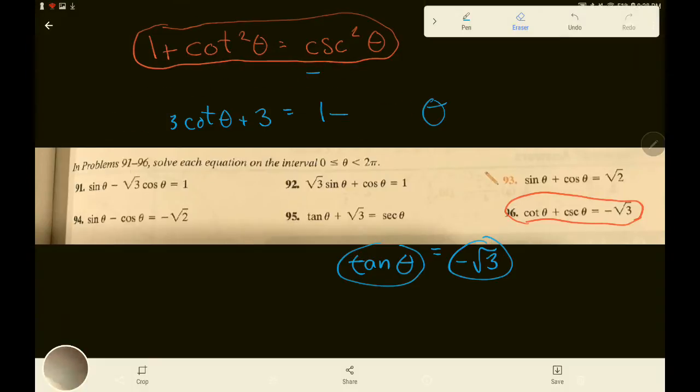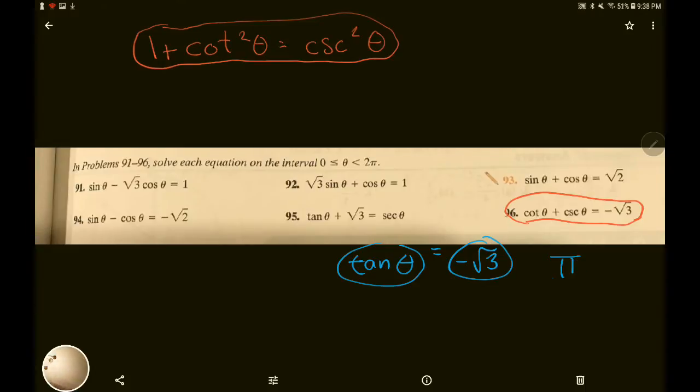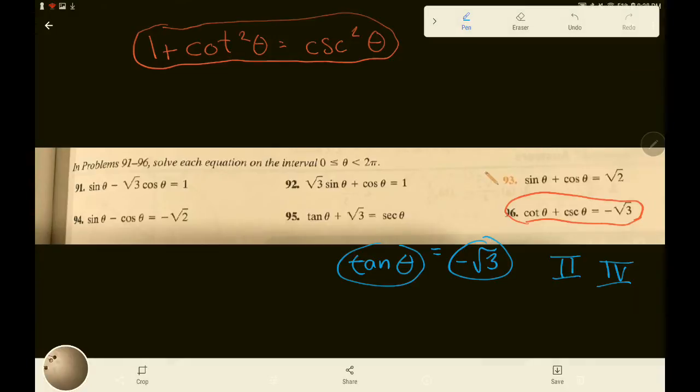And we're going to look at our tangents. Tangents are negative in quadrant 2 and quadrant 4. So we're going to pick out an angle in quadrant 2 and quadrant 4, but let's look at our reference angle in quadrant 1, where the tangent is equal to √3.